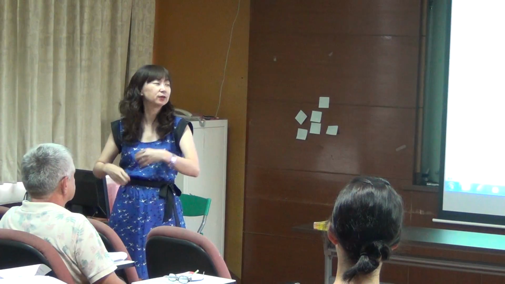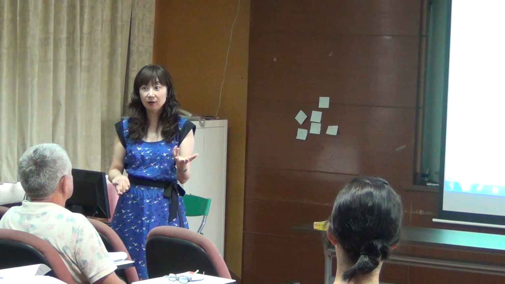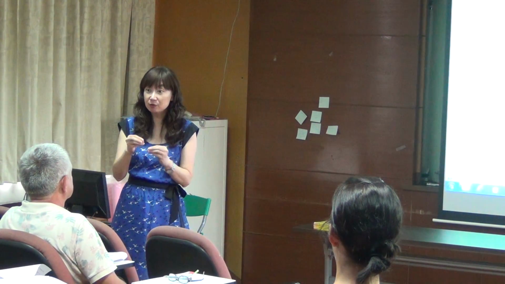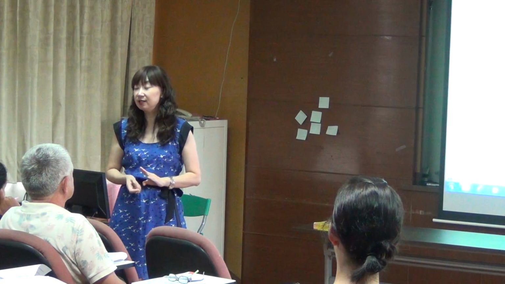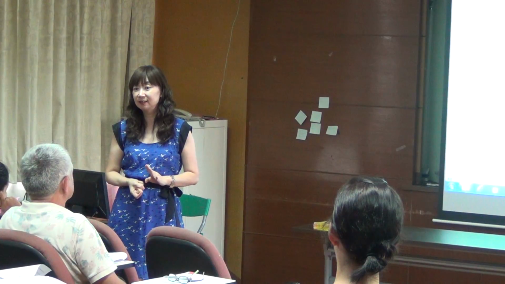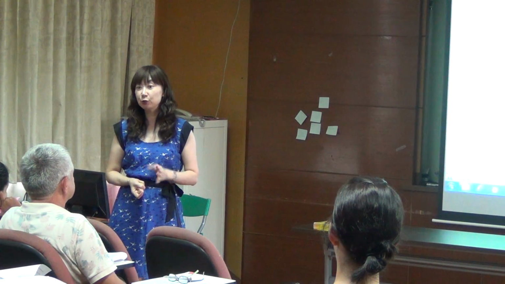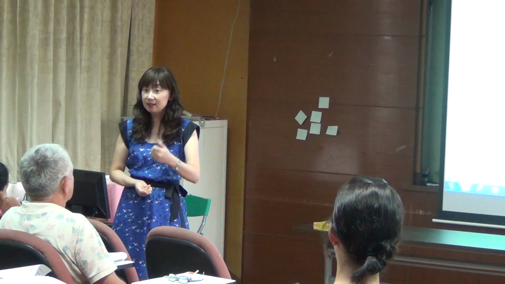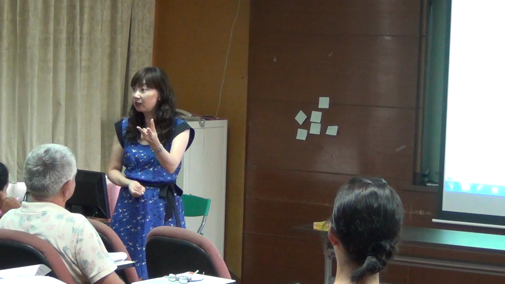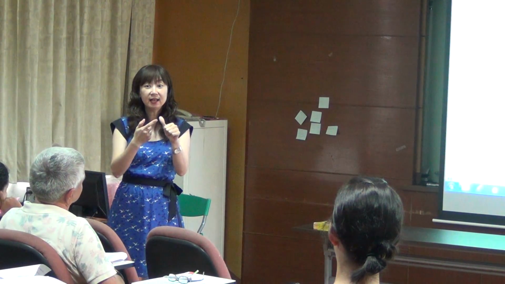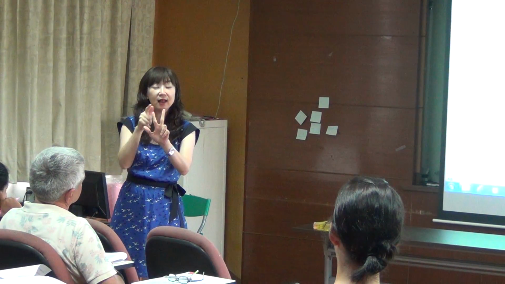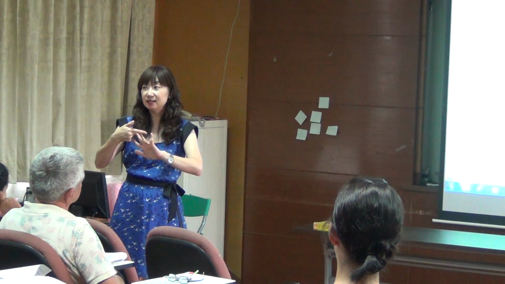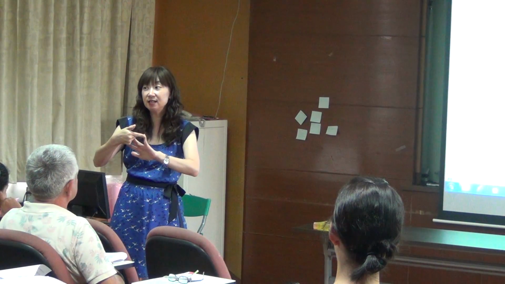L, o, so lo, how many sounds? 3 sounds. L, o, b, lob, right? Ster, actually 3. Ster. So I can say L, L, O, B, B, lob. Ster, S, T, T, E, R.